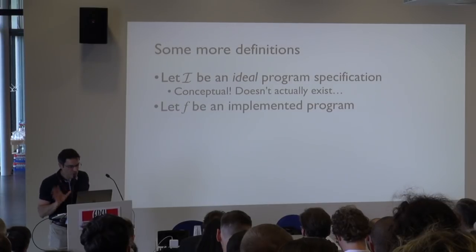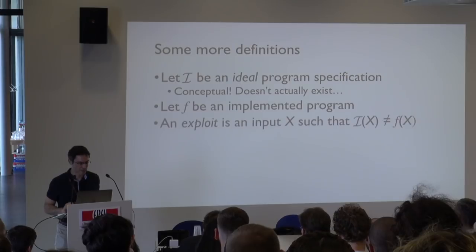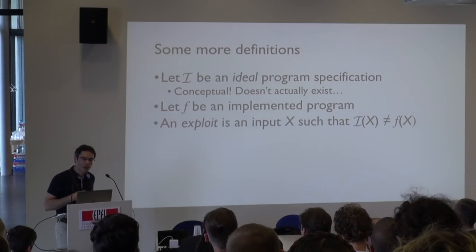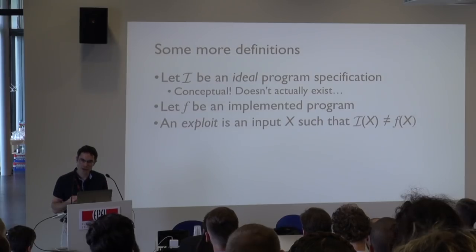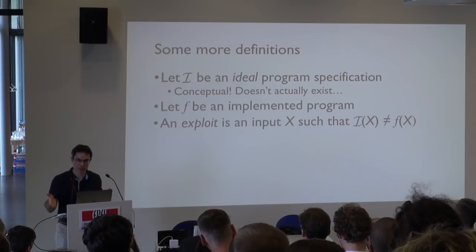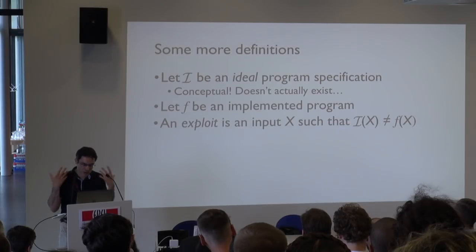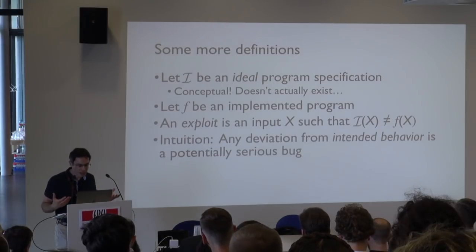Let little f denote an actual implemented, reduced to practice coded program. We define then an exploit as an input that causes the ideal program and the implemented program to produce different outputs. In other words, it produces a divergence of behavior. And this is fairly intuitive.